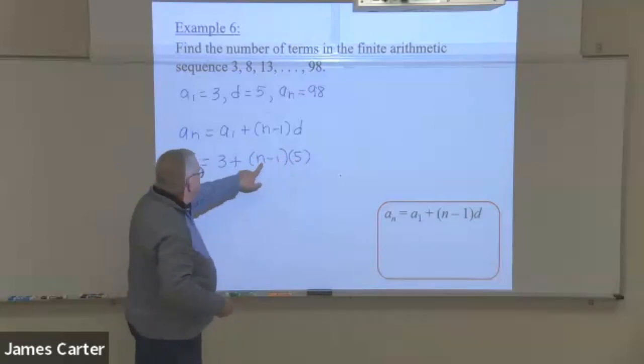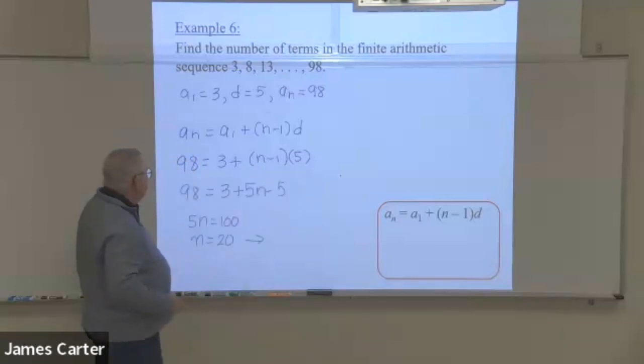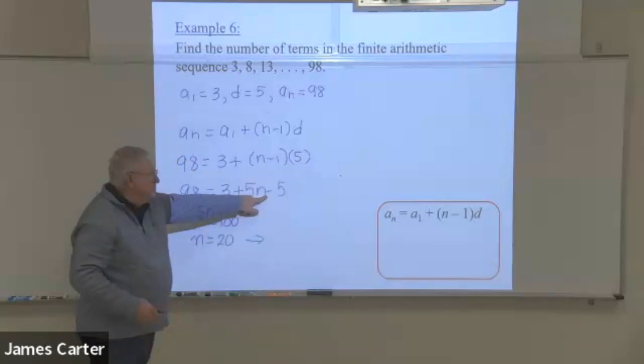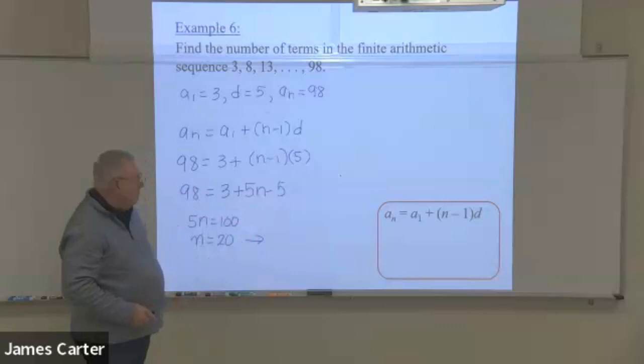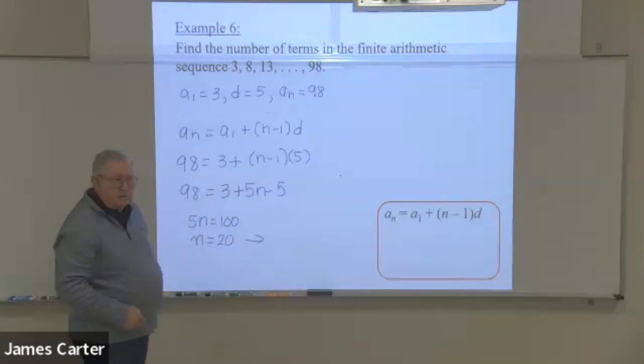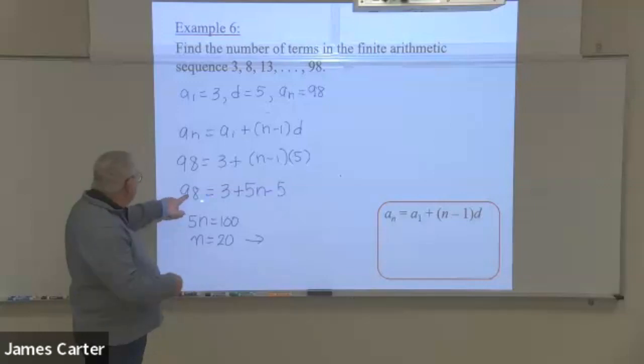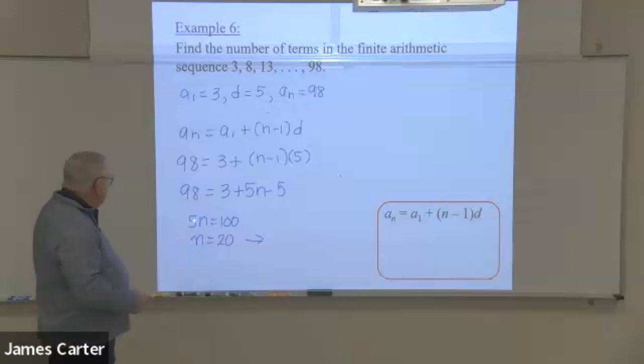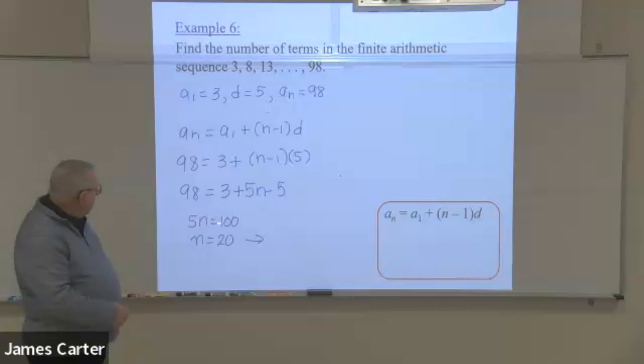Well, we can distribute this 5, giving us this equation. Take this 5 over, take that 3 over, and we get 5n equals 100. We're going to add 5 to both sides and subtract 3 from both sides. Anyway, we get 5n equals 100, 20 nickels in a dollar, so n equals 20.